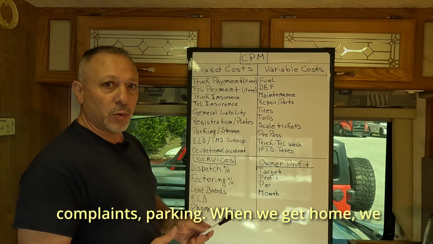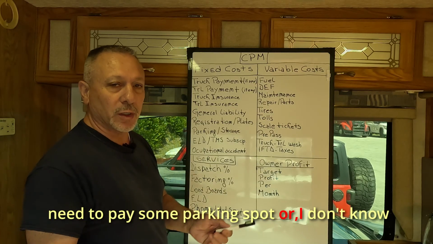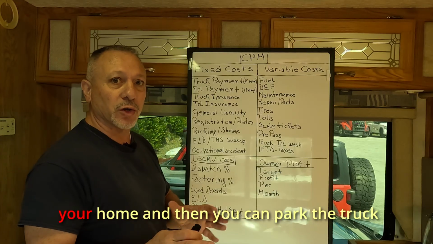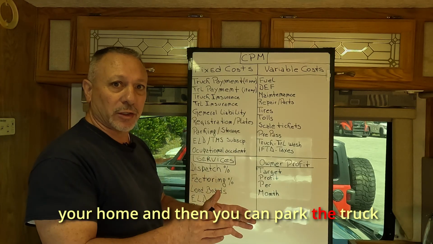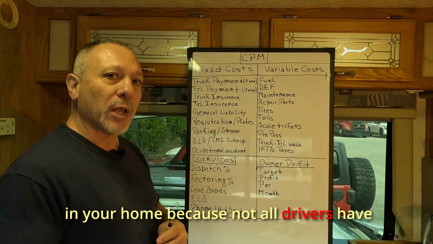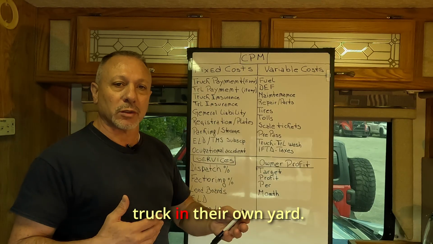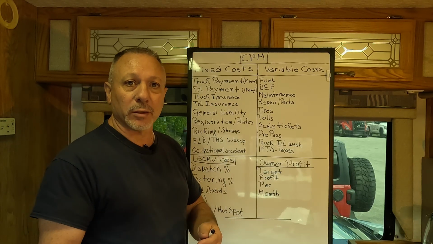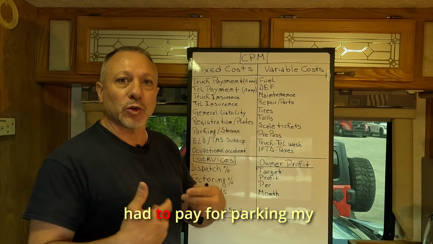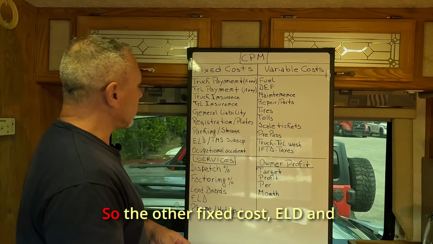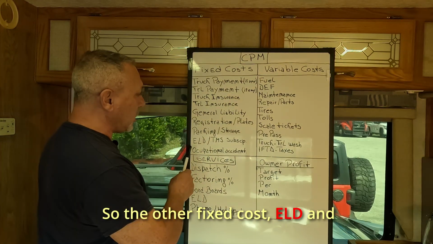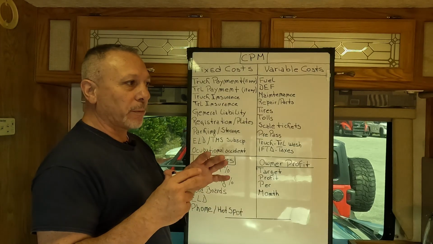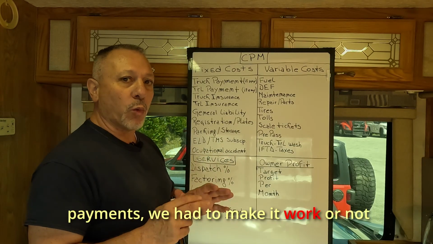When we get home, we need to pay for some parking spot, unless you already have a parking spot at your home and can park the truck there, because not all drivers have the choice to put the truck in their own yard. Many truckers have to pay for parking. Like me, for example, I had to pay to park my truck. Okay, so the other fixed costs: ELD and occupational accident or occupational insurance. Those payments we have to make, work or not work.